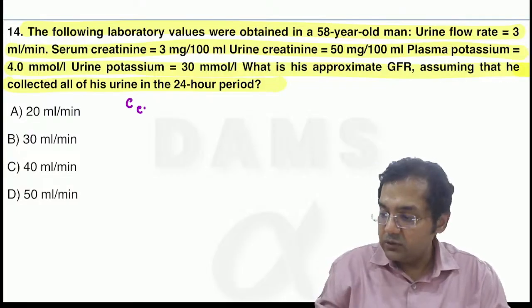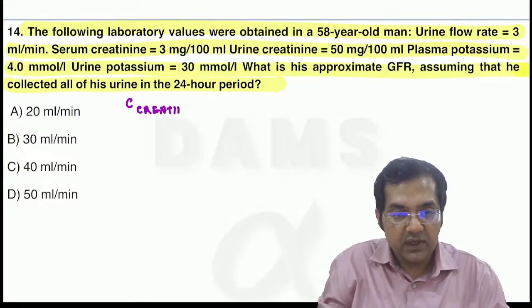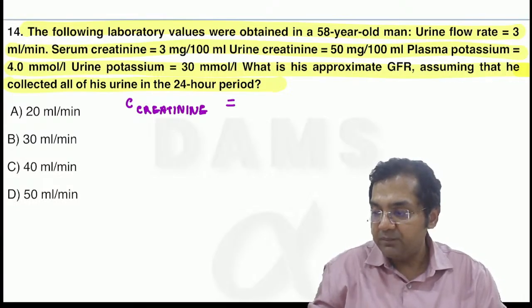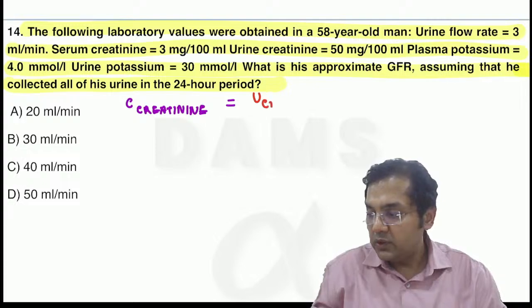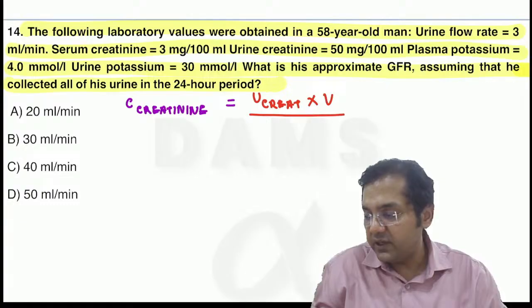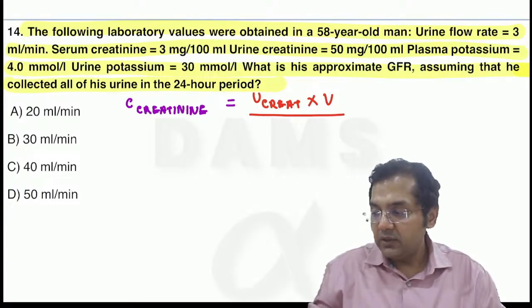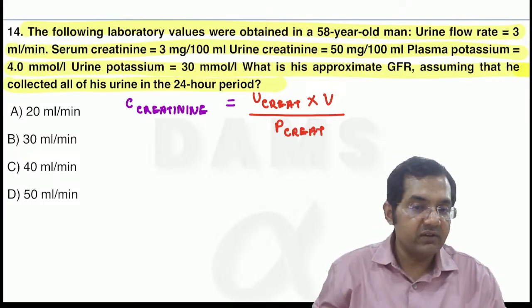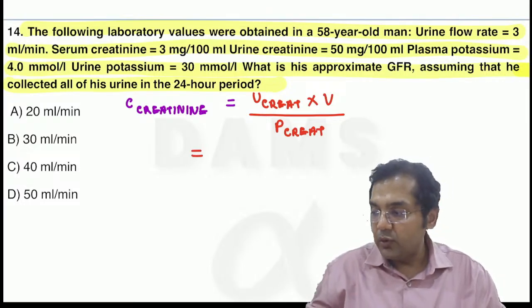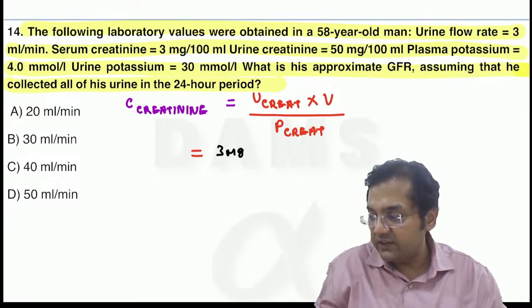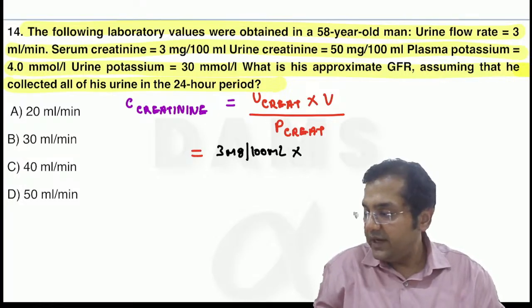You just have to use a simple formula. Clearance of creatinine or any solute per se is equal to urinary concentration of creatinine, I am writing in short, into V, urine flow rate, upon P, which is plasma concentration of creatinine, right? Let's do the answer.